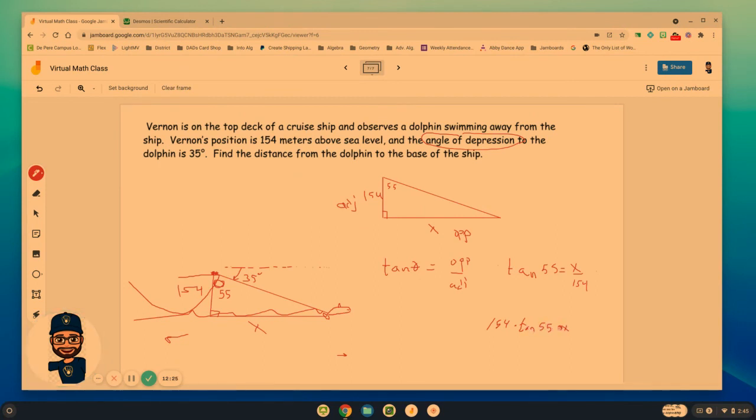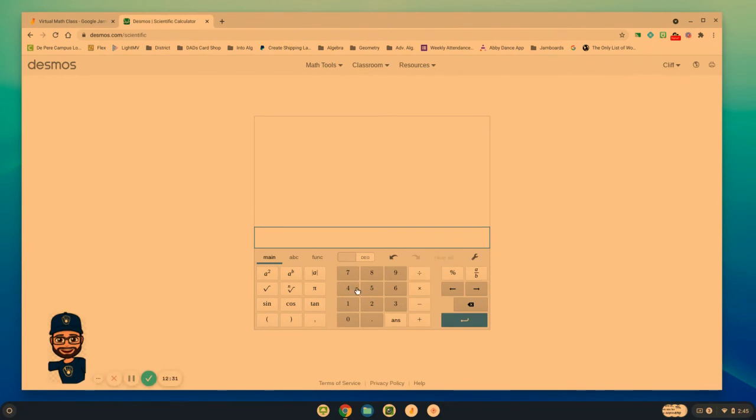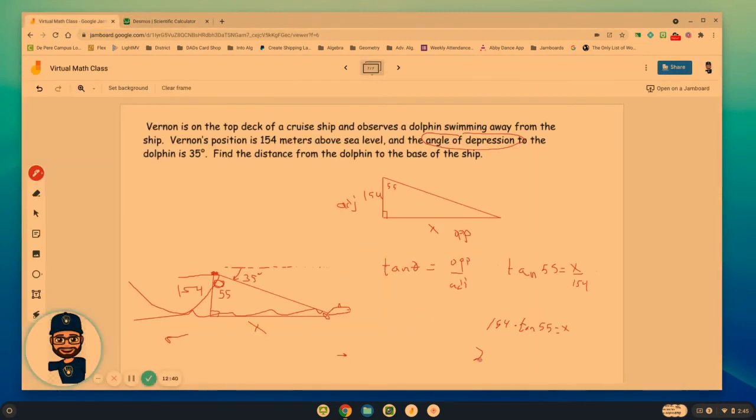That'll tell us how far away the dolphin is from the boat. And we can type that into decimals. 154 times the tangent of 55, or 219.9. 219.9 meters away from the ship.